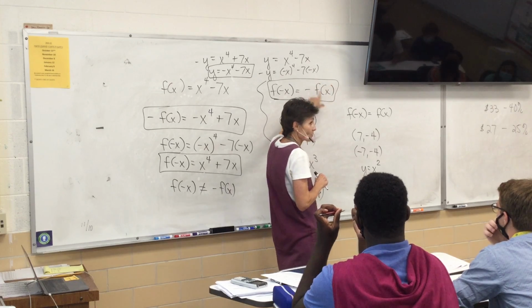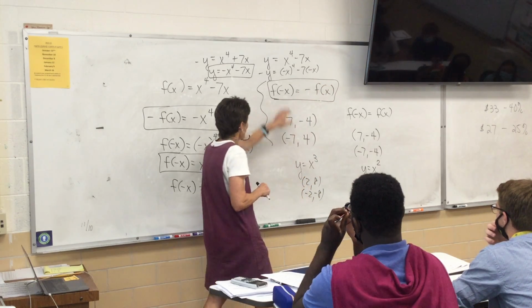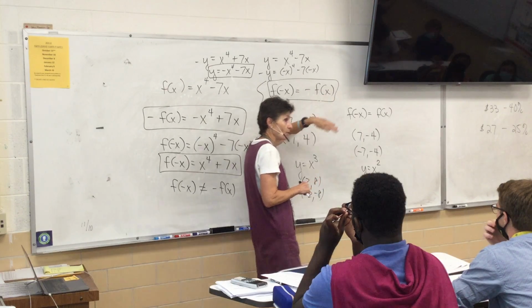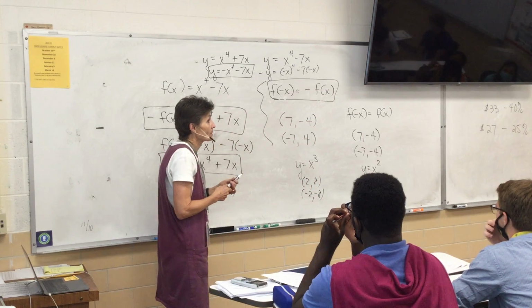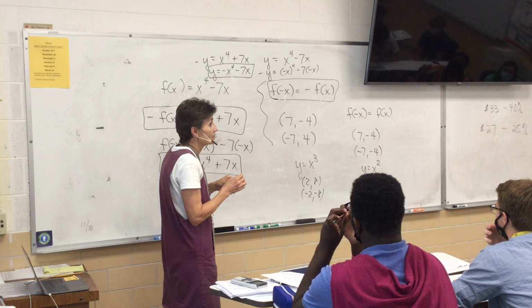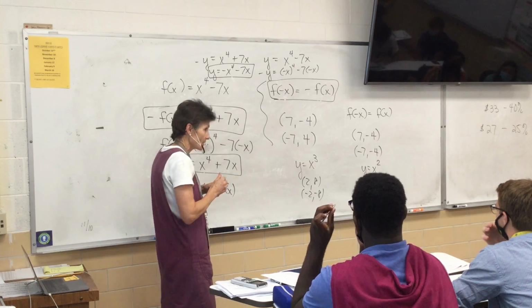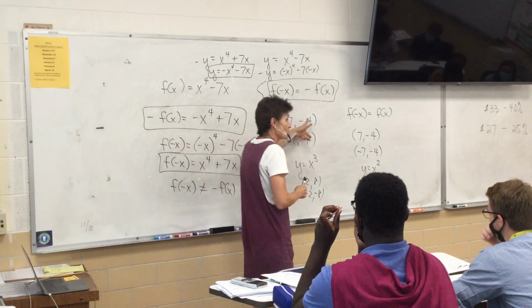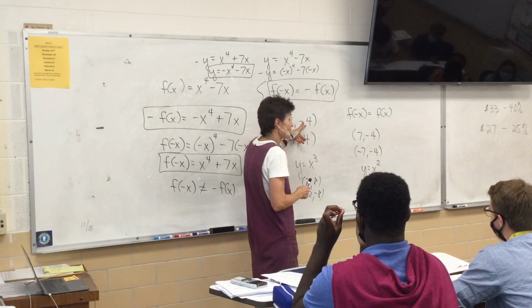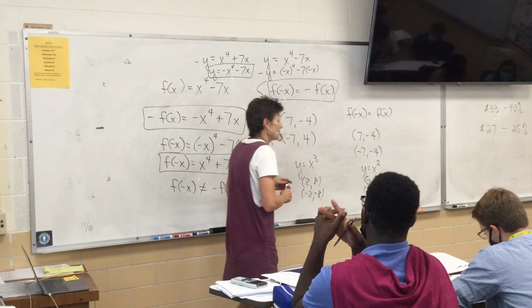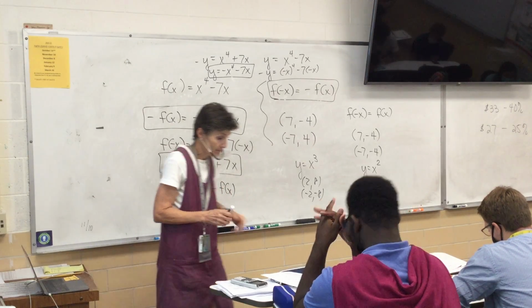This is y, so that will change the sign on y. Changing the sign on x changes the sign on y. So when it's odd, the output should be the opposite. Yep, so they both change. Changing the sign on x changes the sign on y. Yep, that's what odd means.